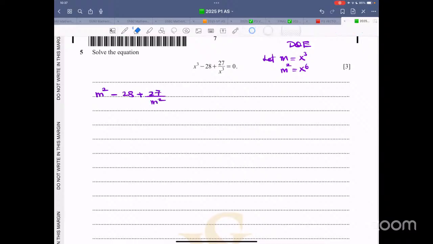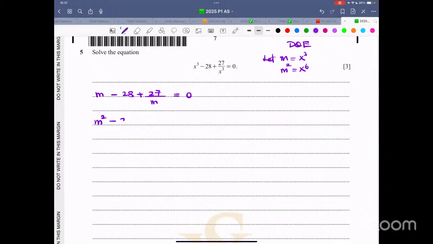My bad, over m, not m square. It will become m square later on. That equals 0. Now I could have converted into x power 6 and then substituted this, or I did it just over here. Now this will become m square.